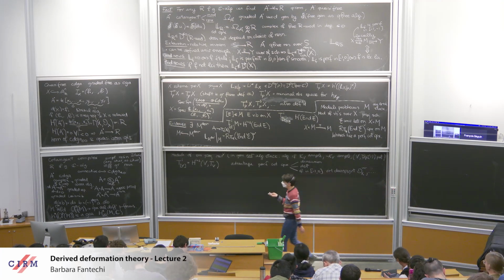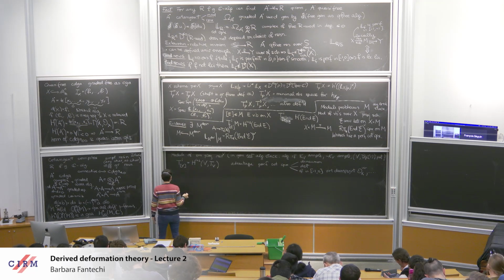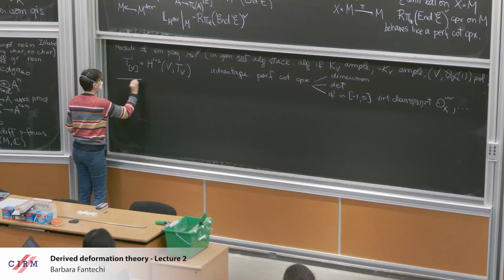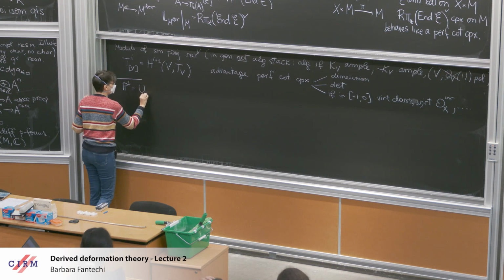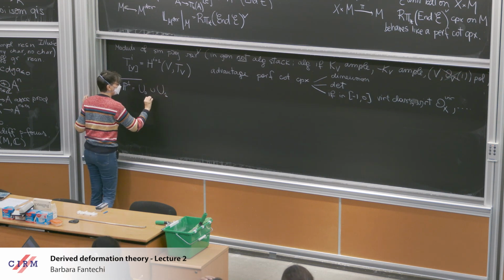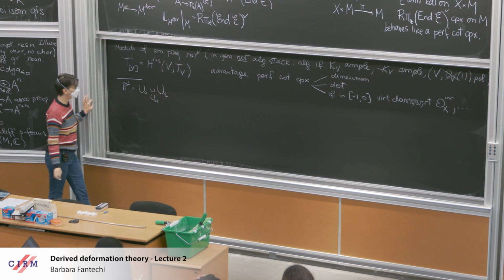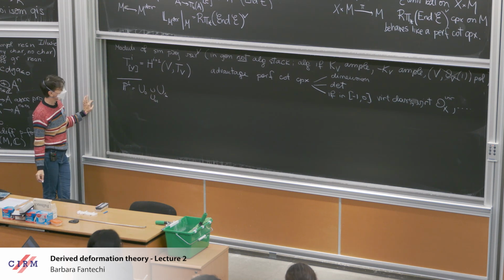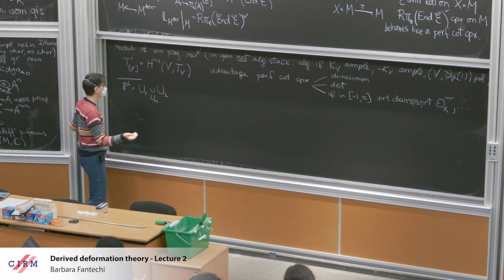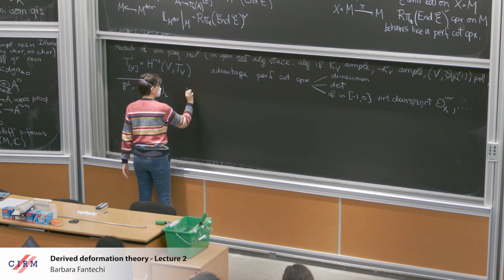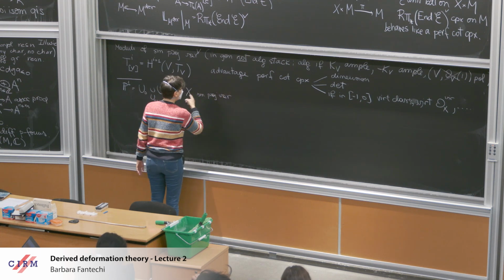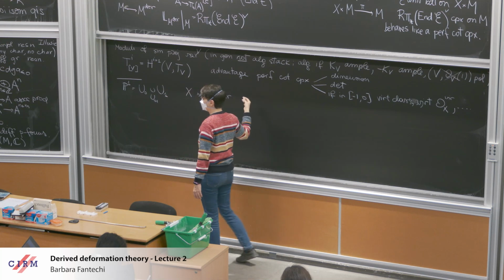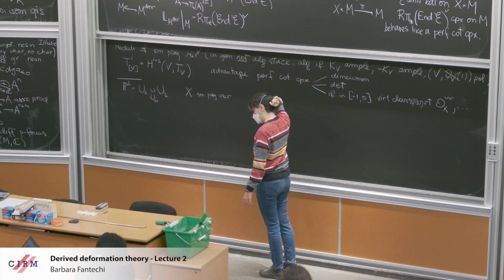As we were saying, let's go back to this example of working with P1 and viewing it as a U0 union U1 glued along this intersection. Or more generally, we can work with X a smooth projective variety, and then we always have a similar finite decomposition in affines.